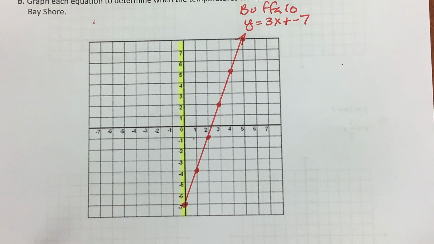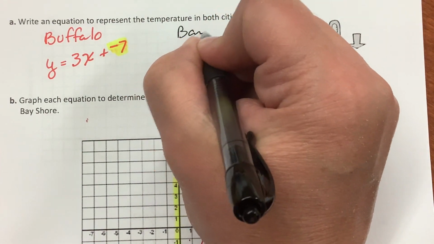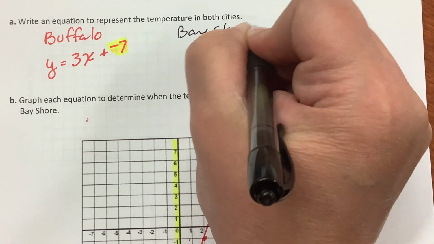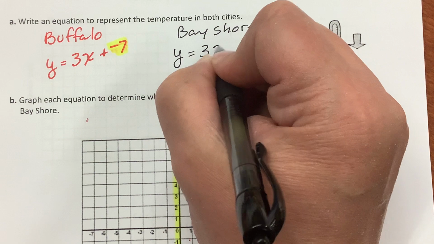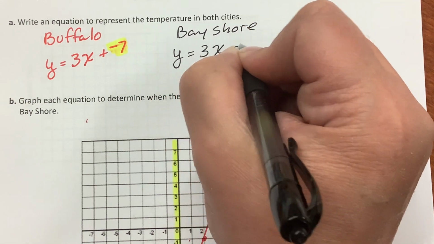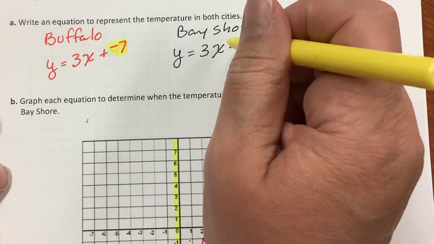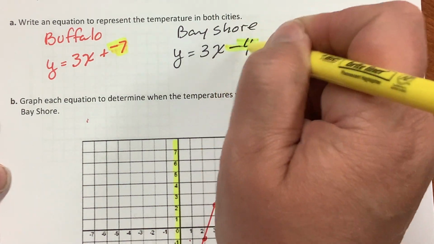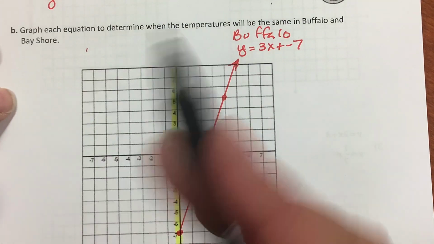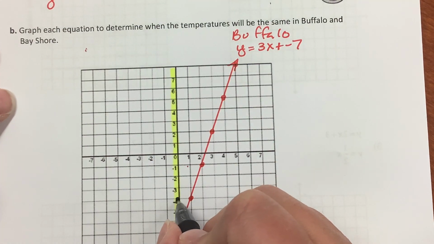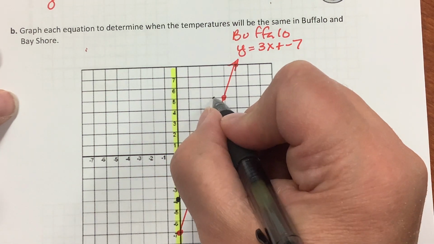Now let's take a look at Bayshore. Bayshore is y equals 3 degrees every hour and -4. So we are going to start this one at -4 and then go up 3, 1 to the right, up 3, 1 to the right, all the way across.